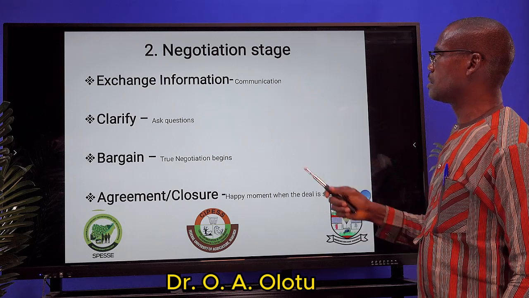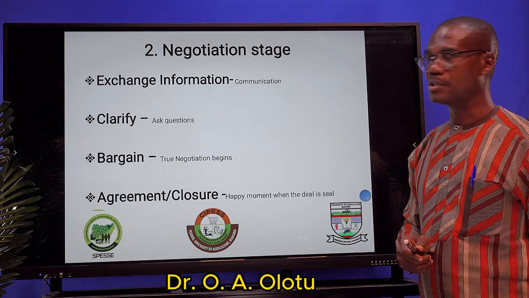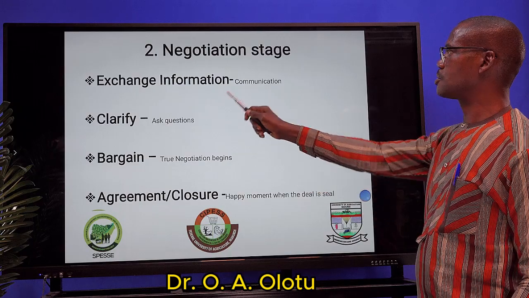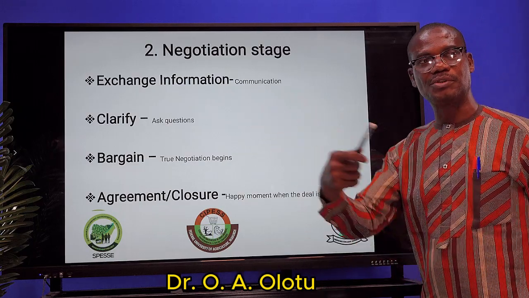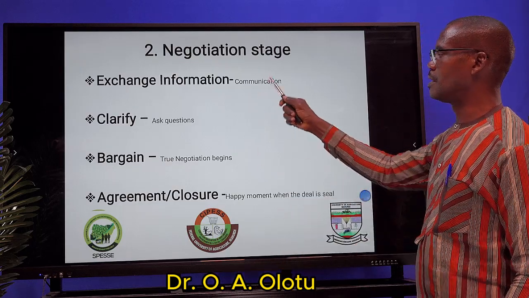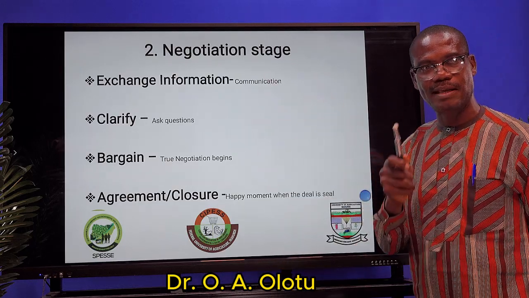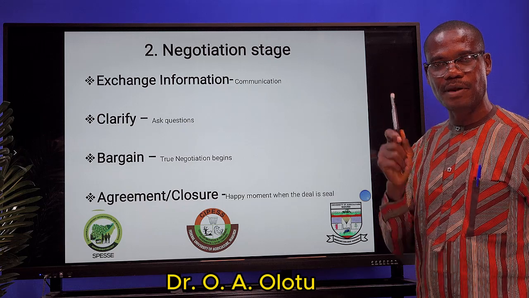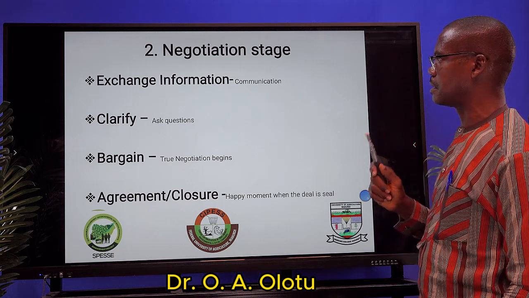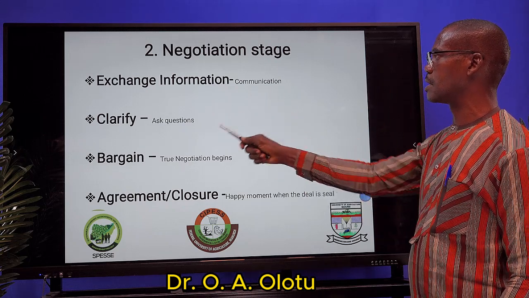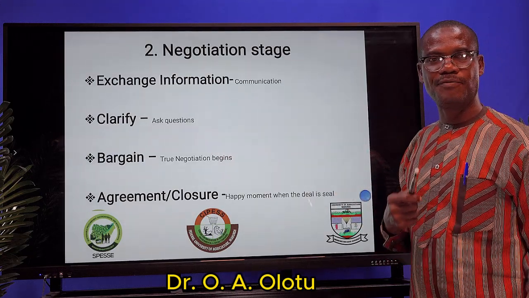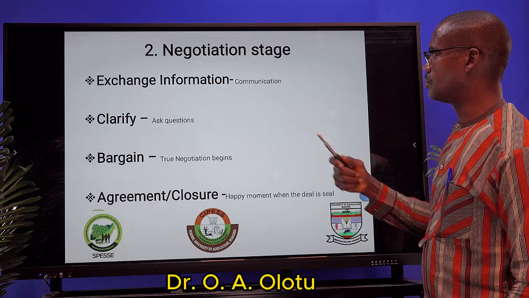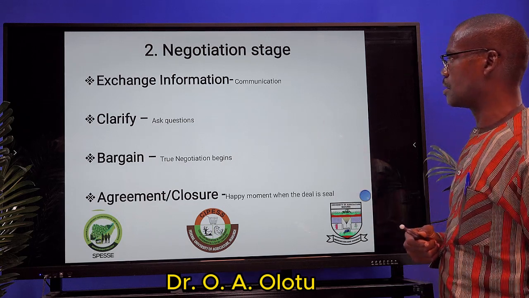Now, at the negotiation stage, there are four levels of negotiation, things that you have to do. Exchange information, you have to communicate. The person you want to negotiate with, you have to avail that organization certain information about your organization. Very important. And those things have to be clarified, whereby they ask questions, and you must be available to provide answers to the person that you want to negotiate with.